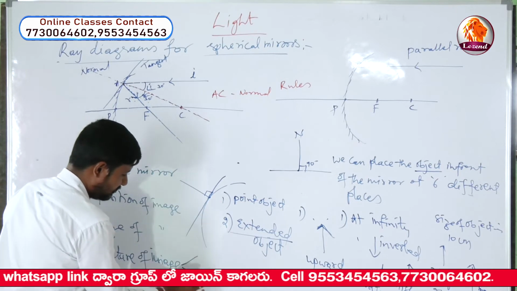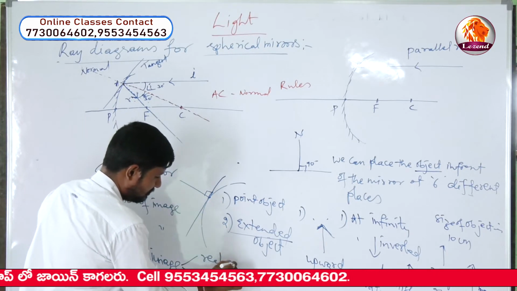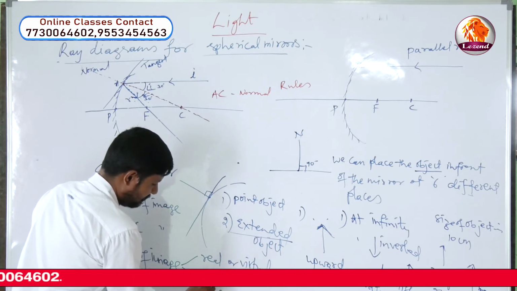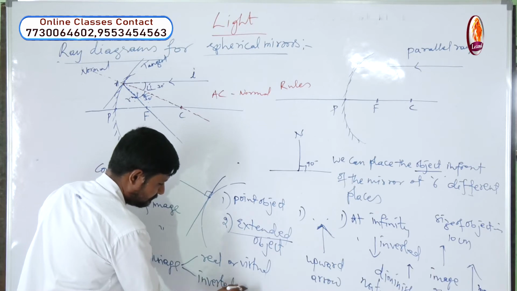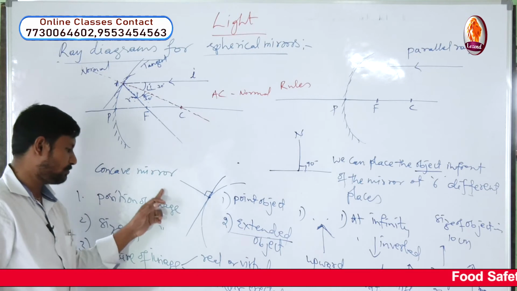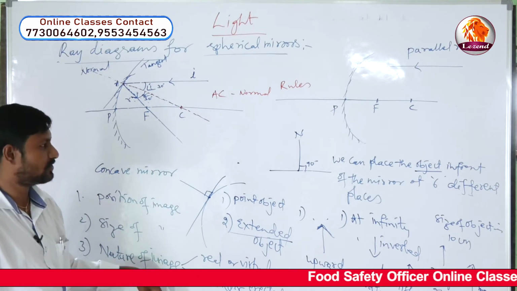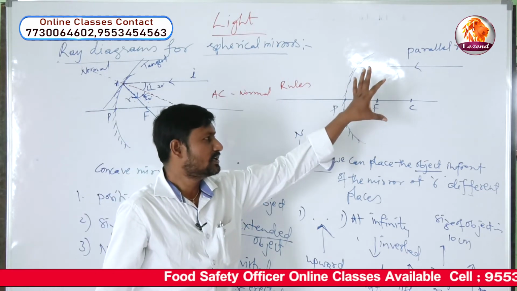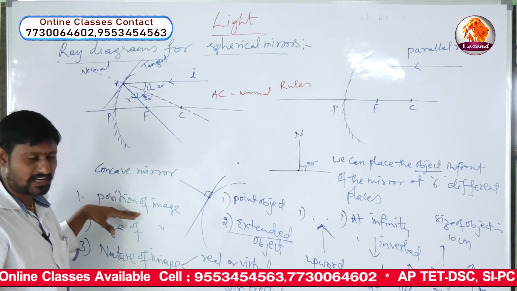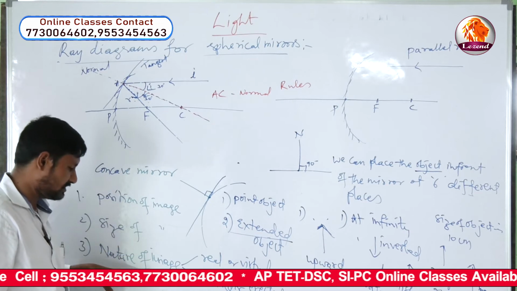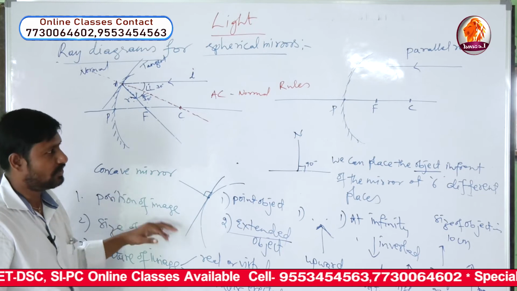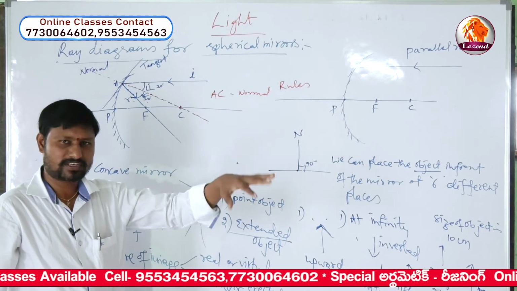Nature in the sense whether it is real or virtual, and whether it is inverted or erected. These are the points we need to consider for the image. The position of the image, the size of the image, and the nature of the image are called the characteristics of the image formed by a concave mirror or convex mirror.